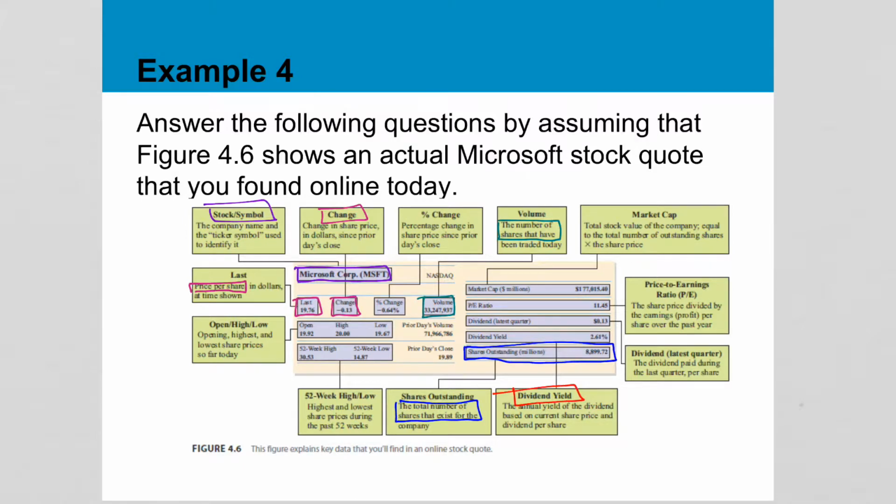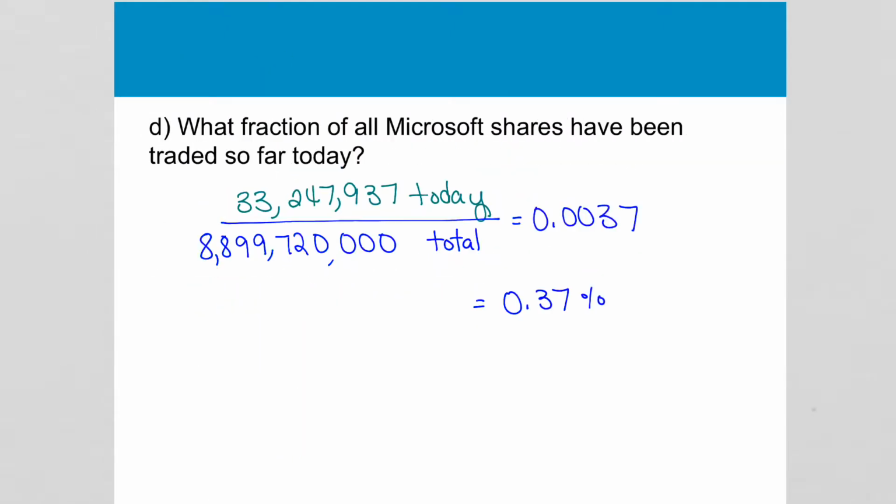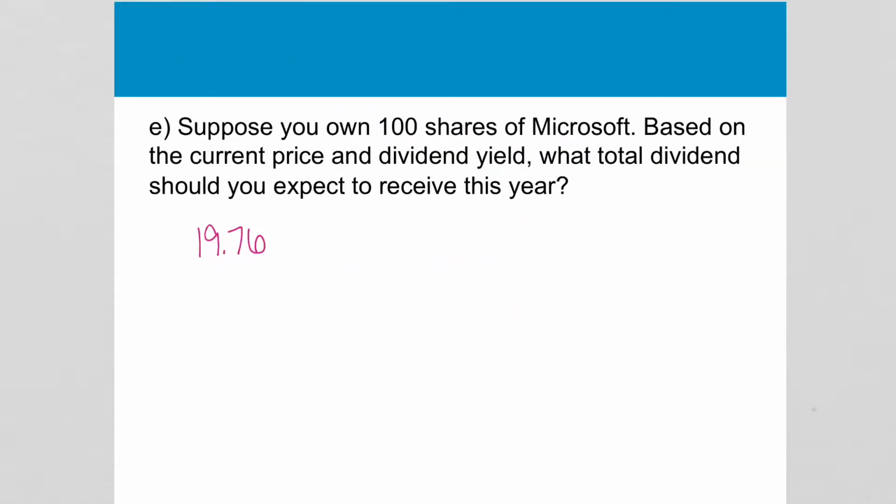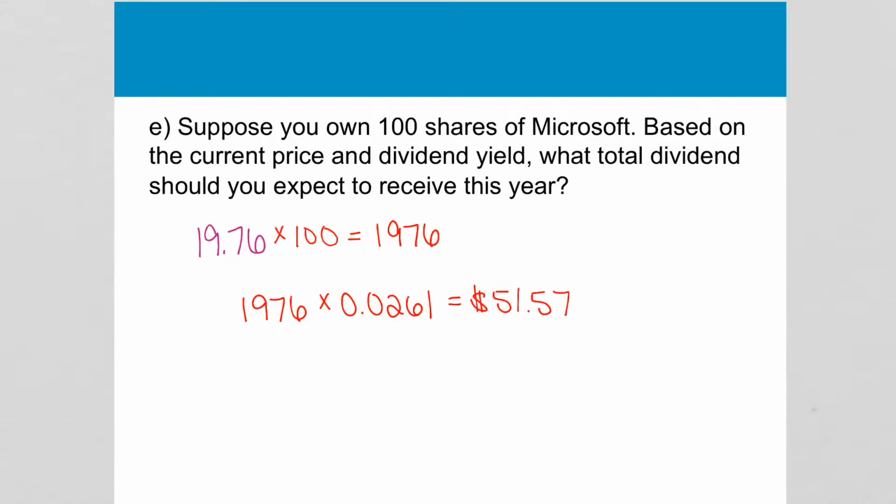Here it is, 2.61%. So multiply $19.76 times 100 first, because you own 100 shares. That's $1,976. Then multiply that by 2.61%. So that's 0.0261. You would get $51.57 from the company this year.